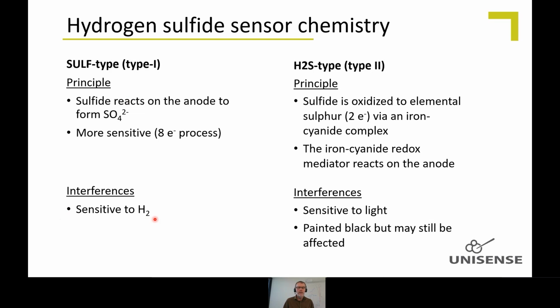So if there are significant amounts of hydrogen in the environment, we recommend using the H2S type instead. That one is sensitive to light, but the outer casing is painted black to avoid light getting in and interfering. But still, out in strong sunlight, it may be much better to use the other one.